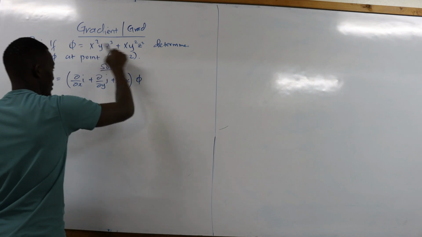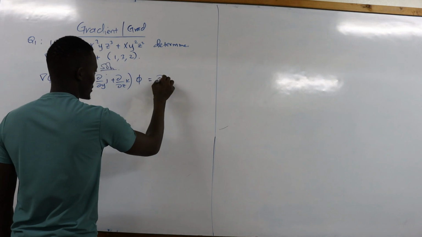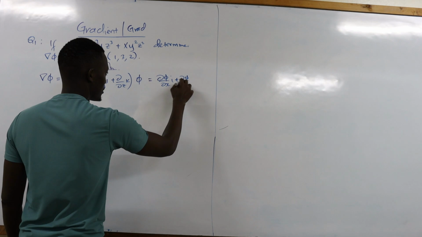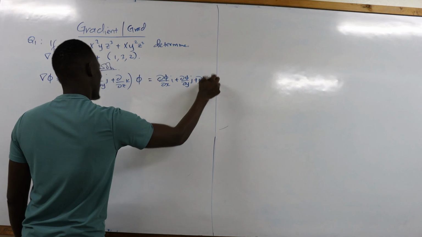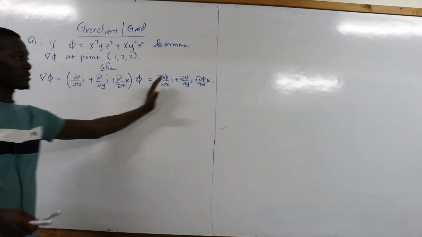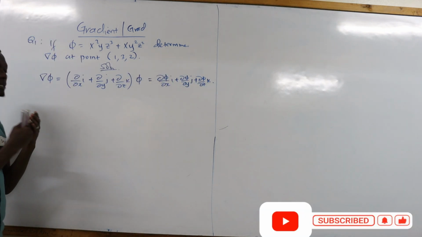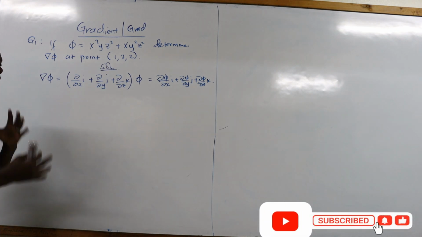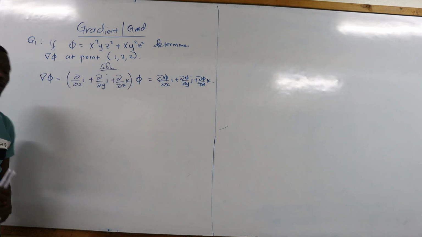Phi is a function, and for this particular function, by the end of the day it gives us d phi dx i plus d phi dy j plus d phi dz k. So when you open this bracket, this is what we have, but you need to understand every part individually, so that in case you are given this and don't remember what it entailed, you can put everything together and have your working.